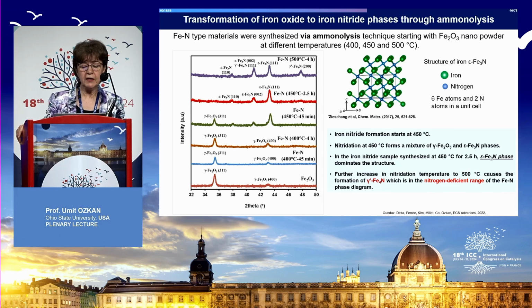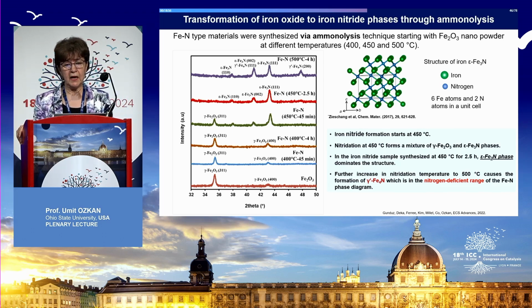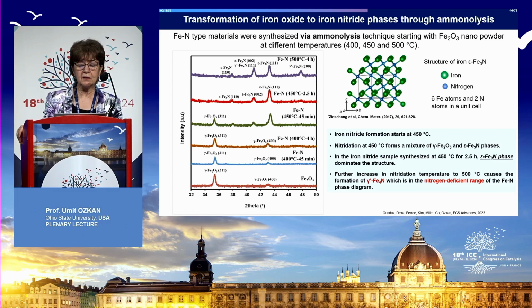Now, we have to take an iron oxide phase and convert it into an iron nitride, or at least iron oxynitride, using an ammonia treatment. So we're starting with Fe2O3, and depending on the temperature and the duration of nitridation, we start seeing the iron nitride phase.